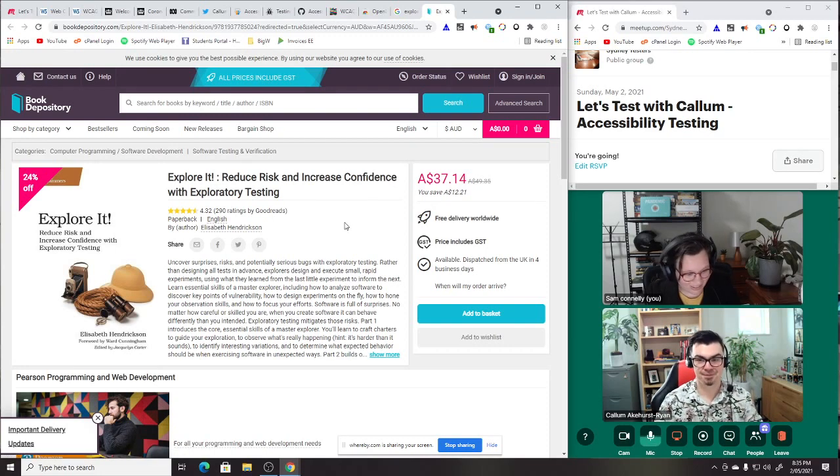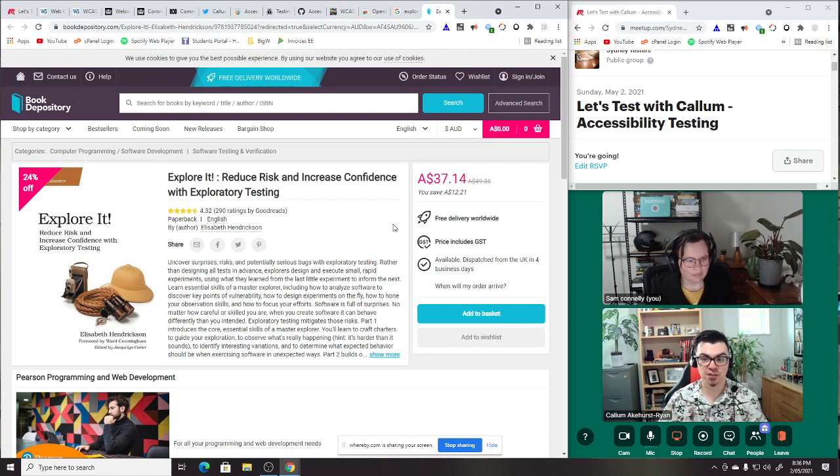But if you only read one software testing book, and some of them are a bit dry. I've got a couple that I'm trying to read at the moment, but it's a bit hard to get through technical books sometimes. Yeah, very much. But Explore It is an amazing book. Elizabeth Hendrickson is a really good writer, explains things really well, I think. So definitely worth a read.